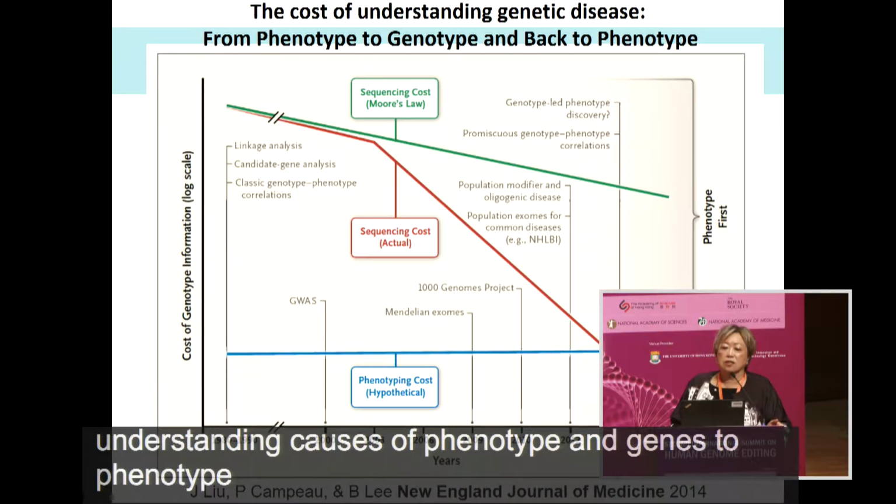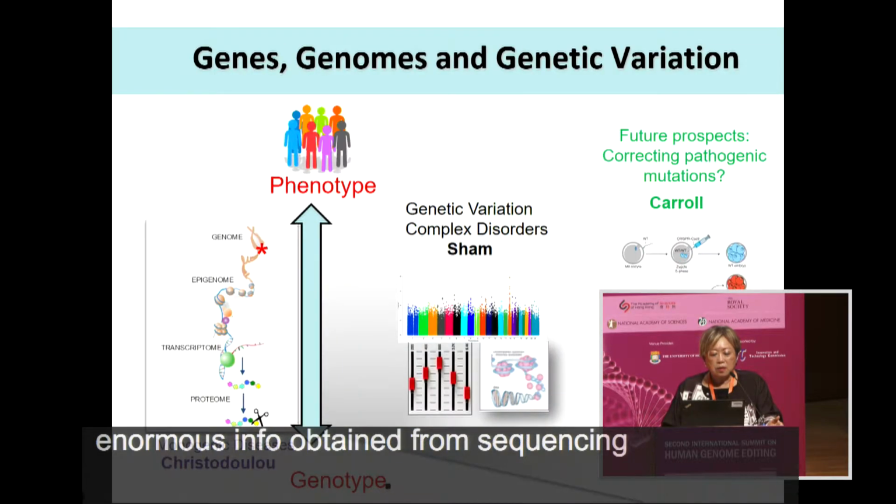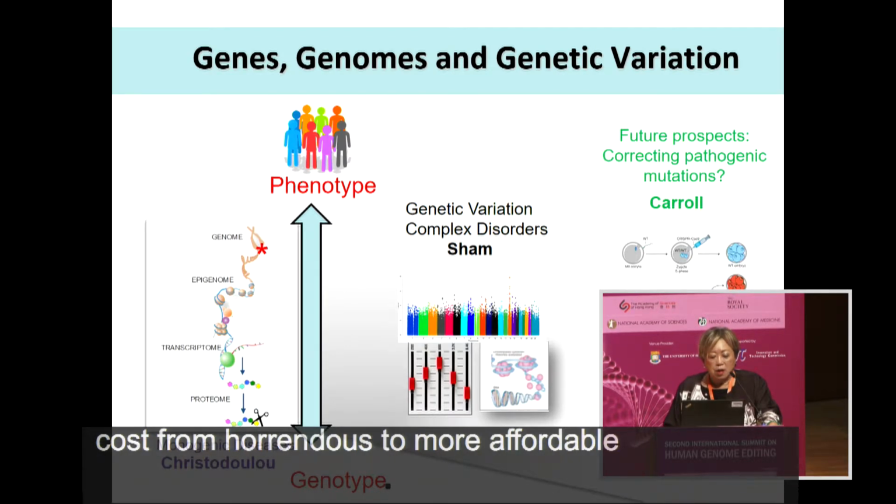And so this slide just summarizes very quickly how the cost of understanding genetic disease has moved from being horrendously expensive to becoming very affordable in a very rapid time, and that now it may be used in the clinic to diagnose genetic disorders.